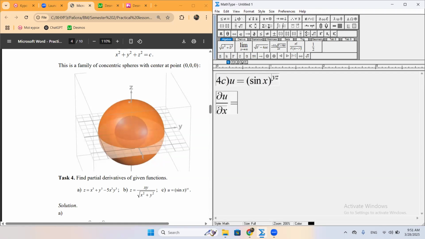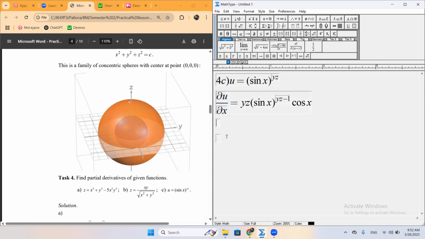When we differentiate by x, we have a composition of a trigonometric and a power function. So first of all, let's differentiate the outer function. yz multiplied by sine of x in power of yz minus 1 and multiplied by cosine of x.